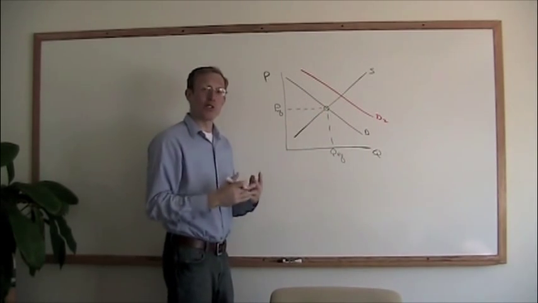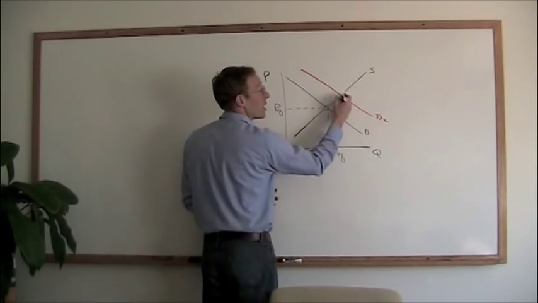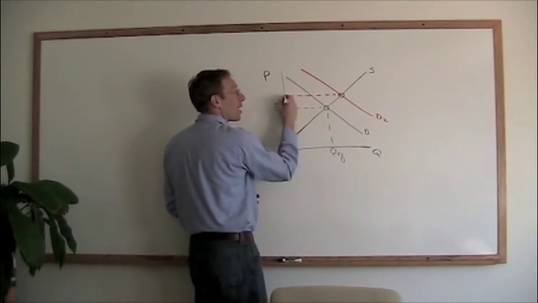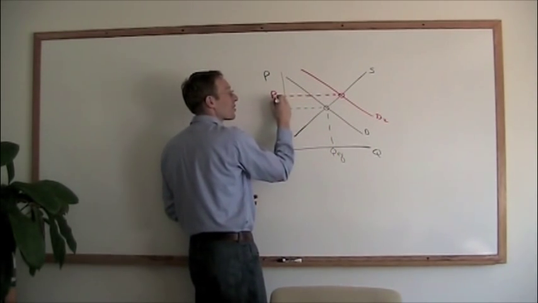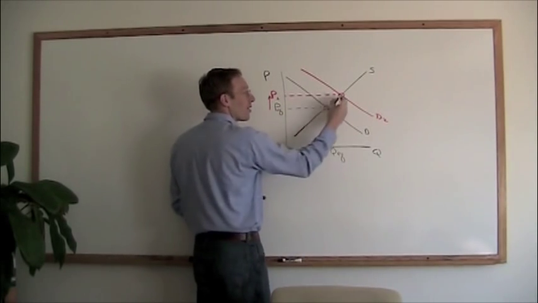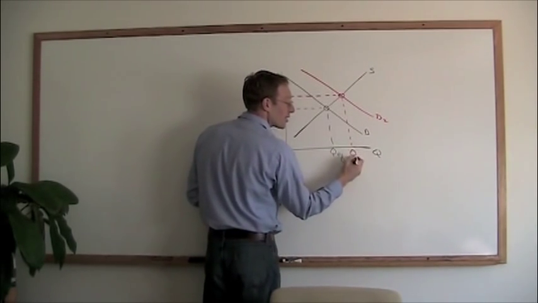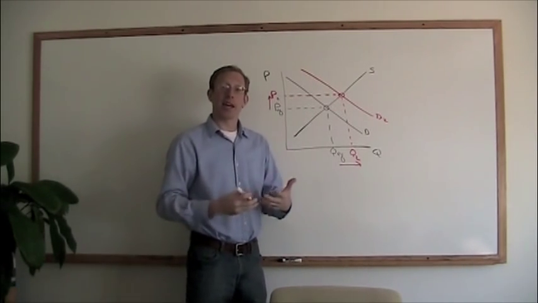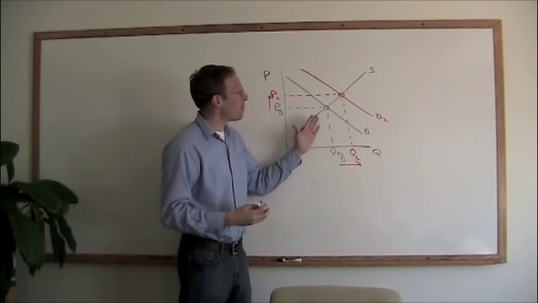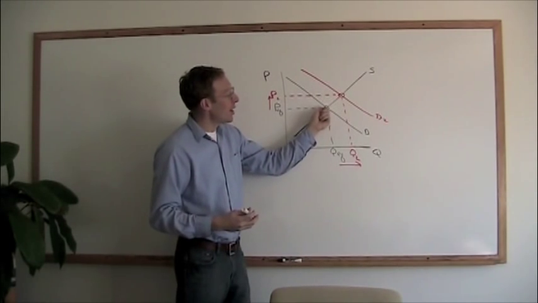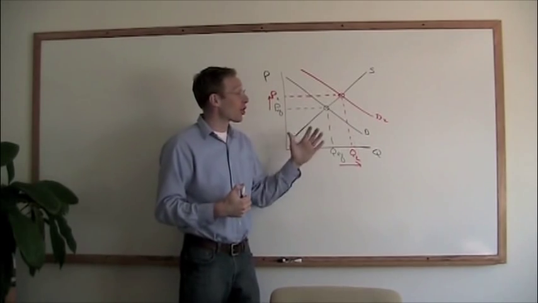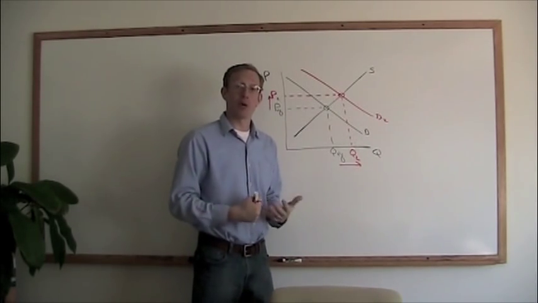If the supply curve stays the same, then our new equilibrium occurs right here, and our new equilibrium price is higher, and our equilibrium quantity is also higher. That's a comparative static analysis, where we compare two static or two equilibrium points in a market. And if the curves change, that leads us to a new equilibrium point.